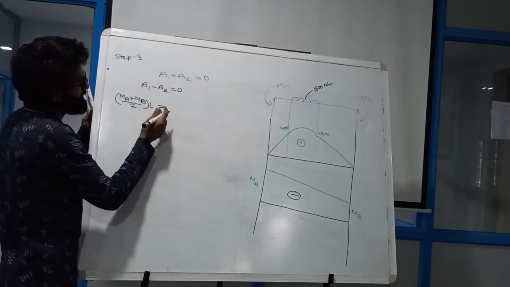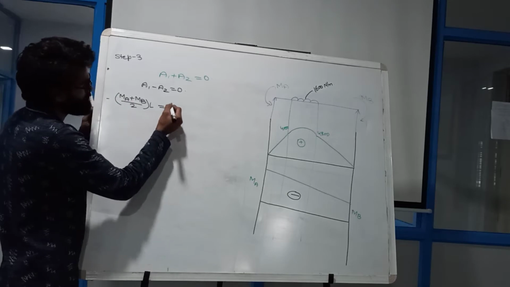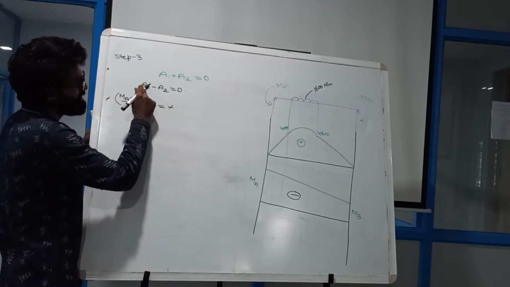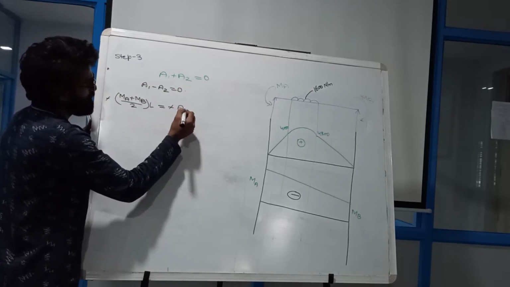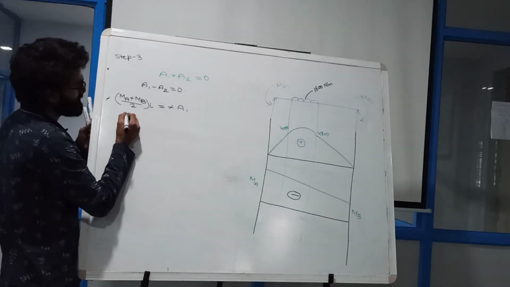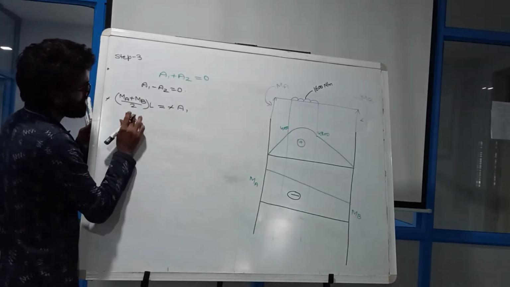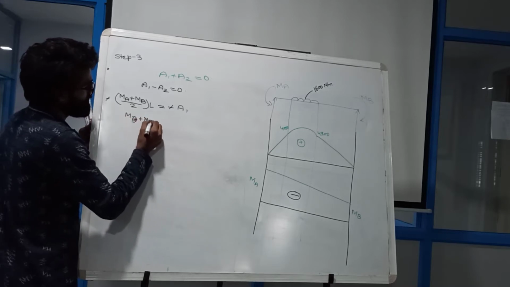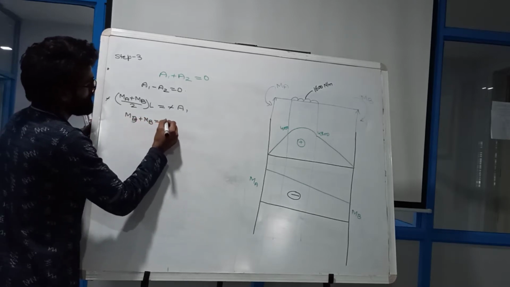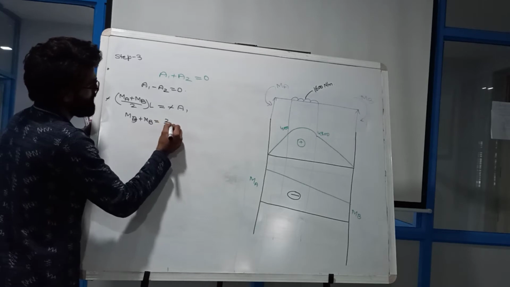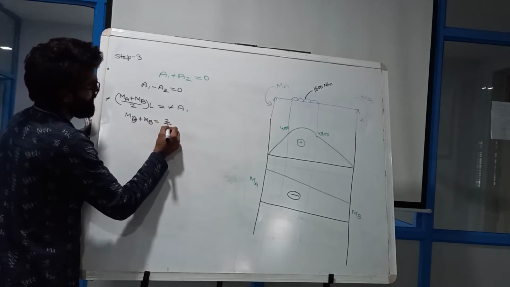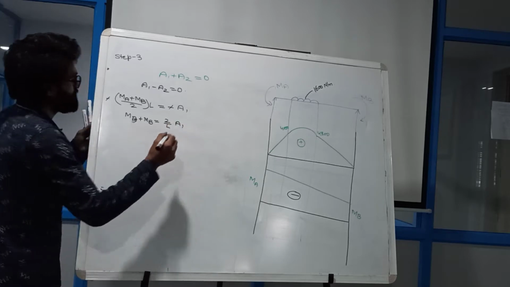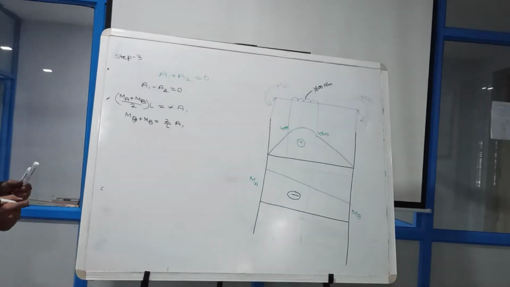I have taken A1 in that direction, this is minus, this will also become minus, minus will cancel, this will be the A1. So now I am going to write this as (MA plus MB) is equal to 2 by L A1. So this is the thing I am going to get from here.